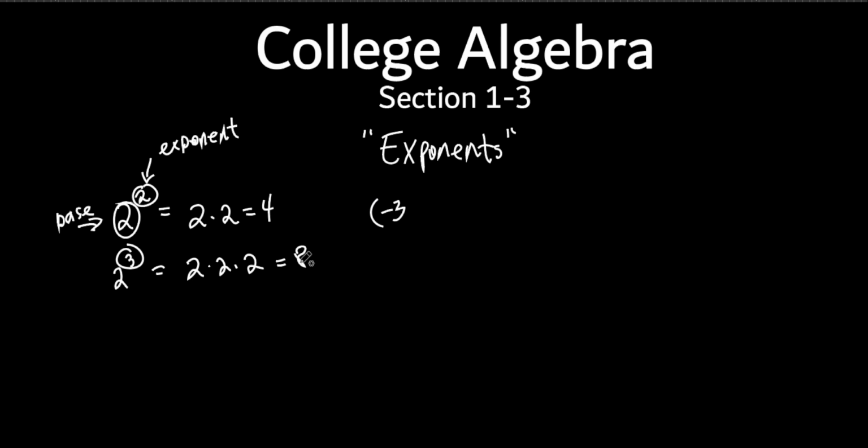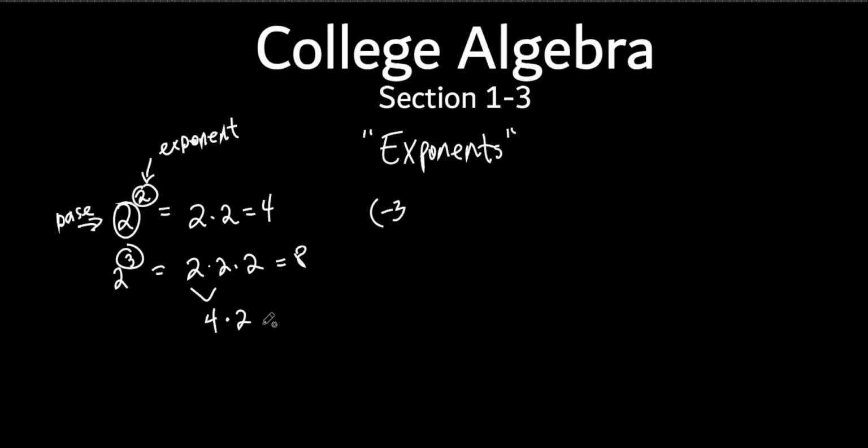No, it's 8. 2 times 2 is 4. 4 times 2. 4 times 2 is 8. You're not adding, you're multiplying. 2 times 2 is 4. 4 times 2.